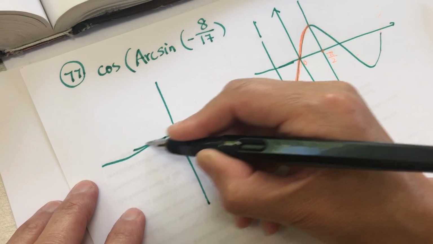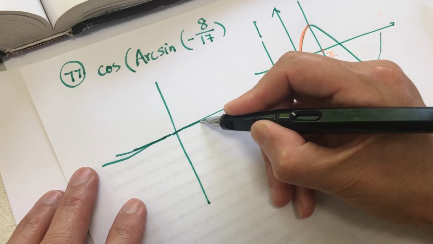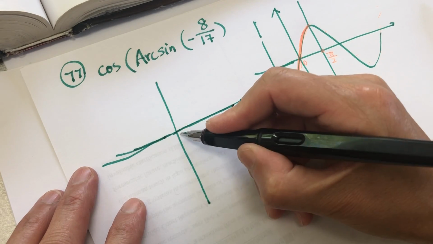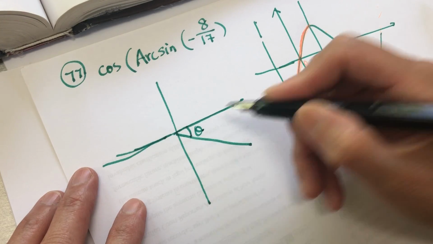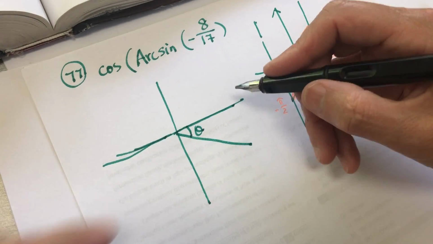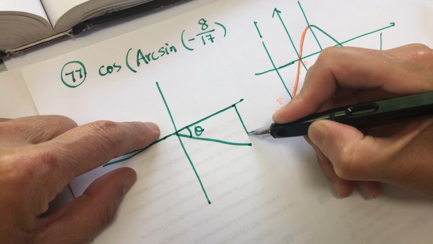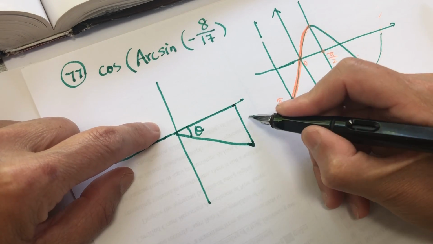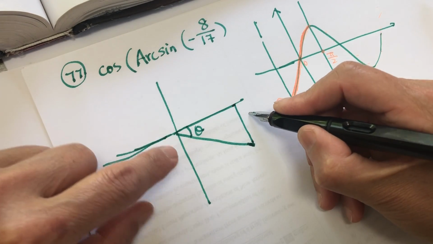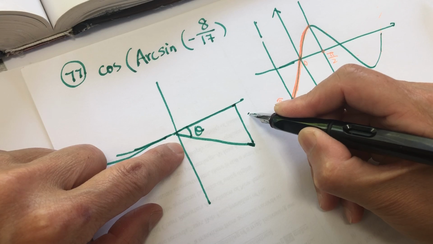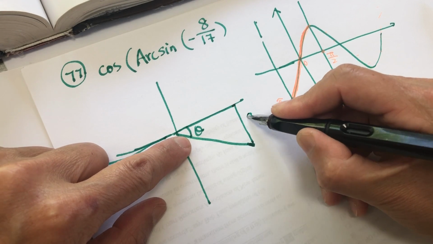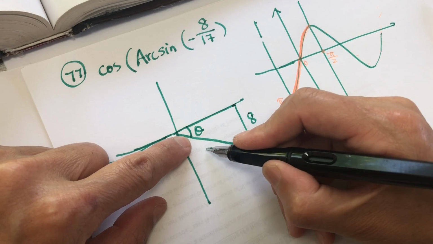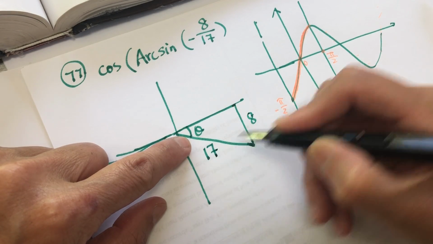So we can draw it like this. Here we have an angle theta, and sine is the y value, or the opposite of theta over the hypotenuse.